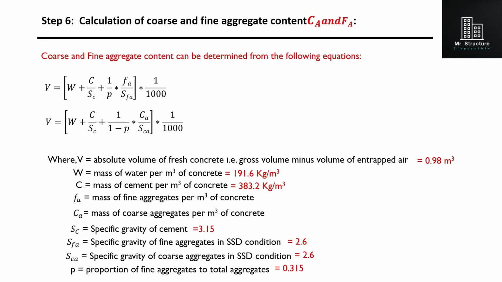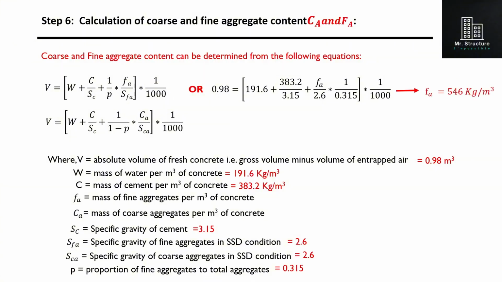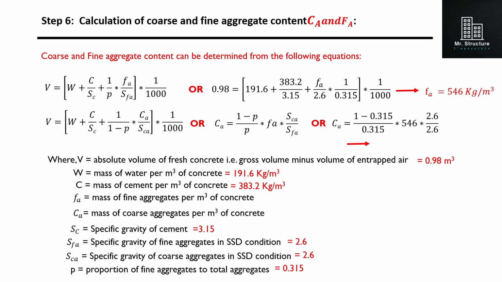Using these values, we can calculate Fa and Ca respectively. Therefore, we obtained fine aggregate content equal to 546 kg per meter cube and coarse aggregate content equal to 1188 kg per meter cube.